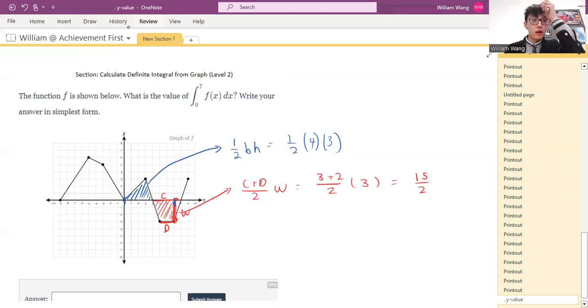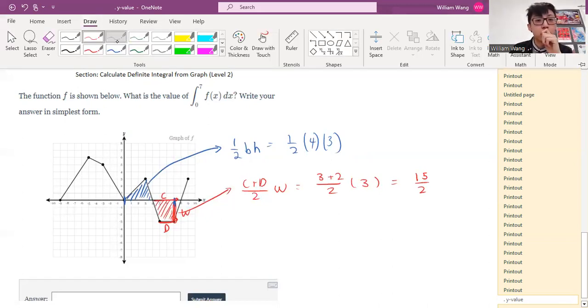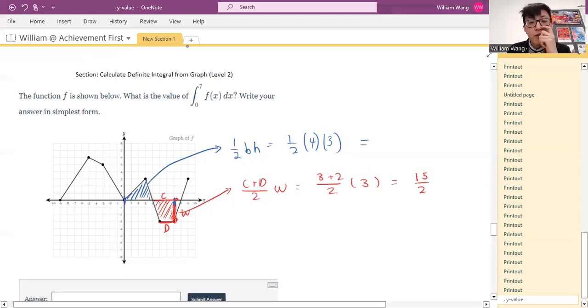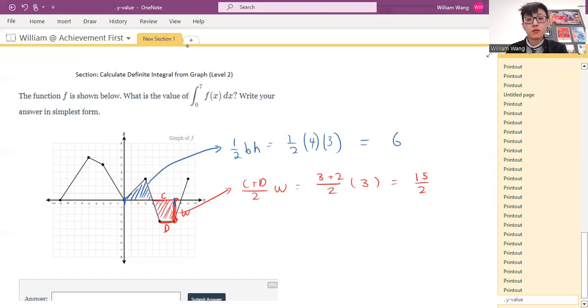All right, now let's solve the top part here. 1/2 times 4 times 3, that is equal to 6. All right, cool. So I might just be like 6 plus 15 over 2. However, remember this, I wrote it in red because this counts as negative area. So my actual answer is going to be based off 6 minus 15 over 2.